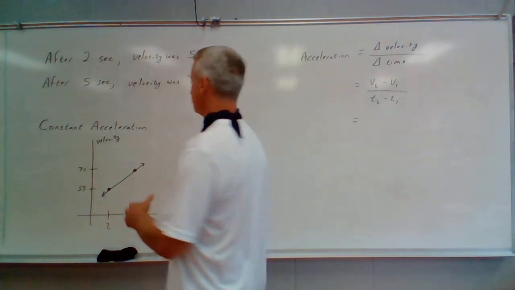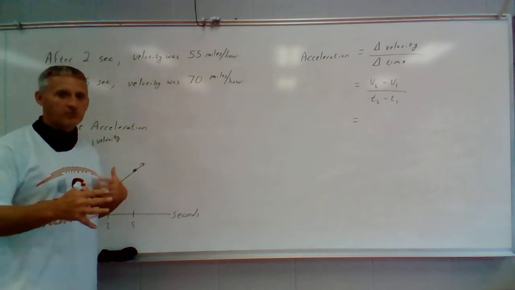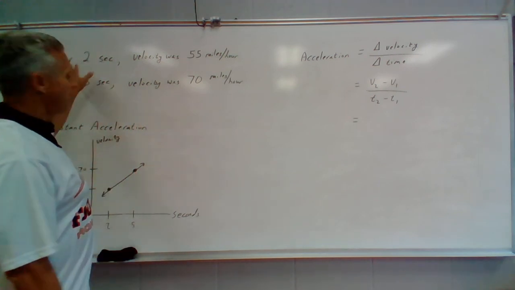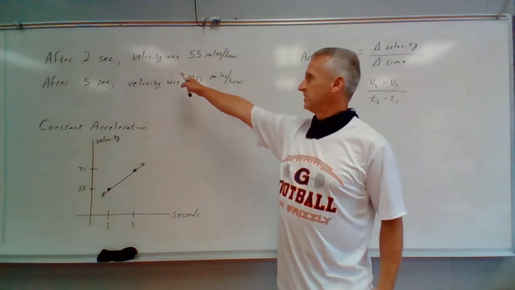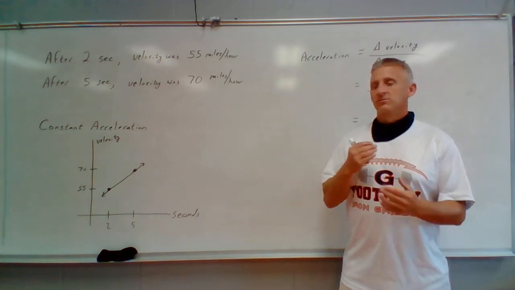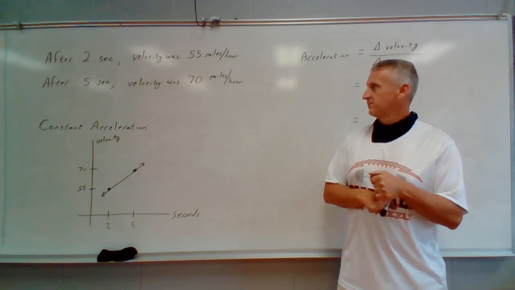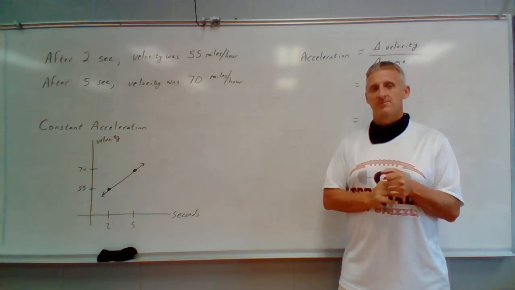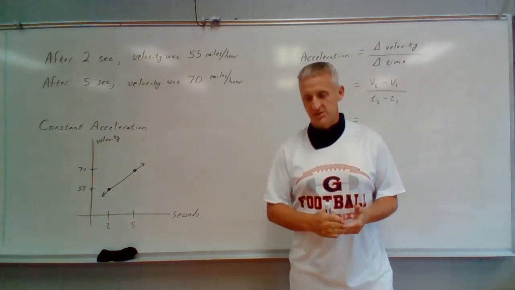All right, so let's say that we have a constant acceleration here. So the acceleration is always going to be the same number. Let's say that 2 seconds after the stopwatch was started, this person's velocity was 55 miles an hour. So let's say that after 5 seconds, their velocity was 70 miles an hour. So we want to know how fast their velocity was changing.